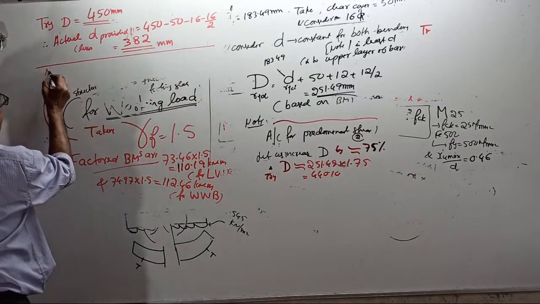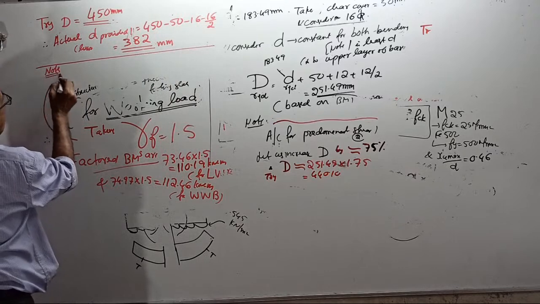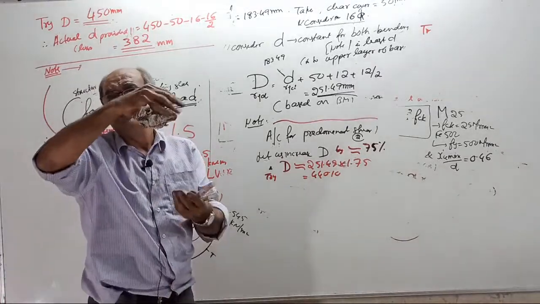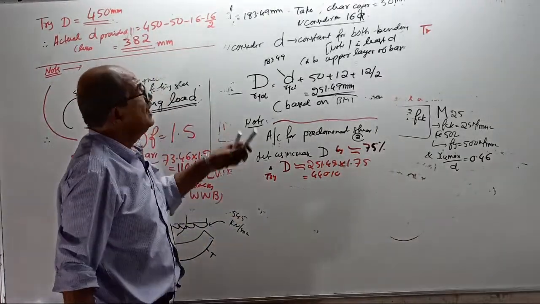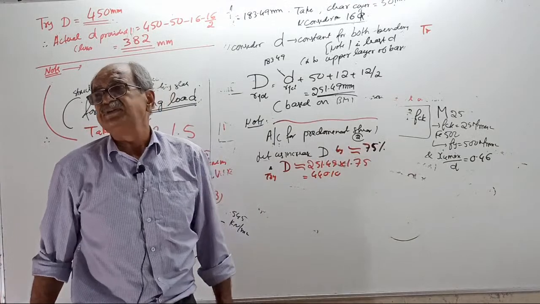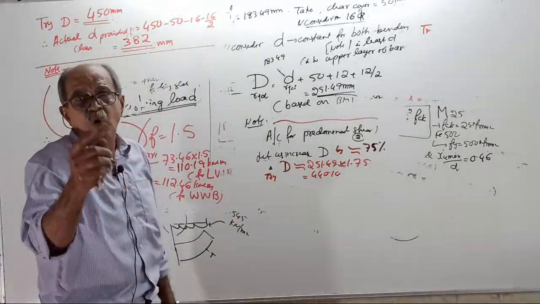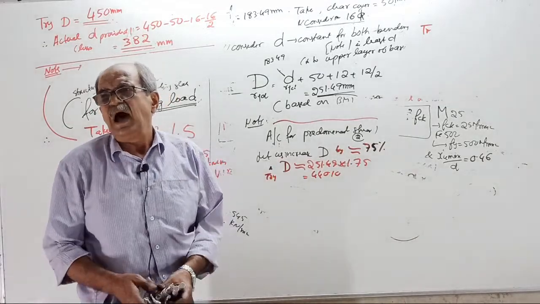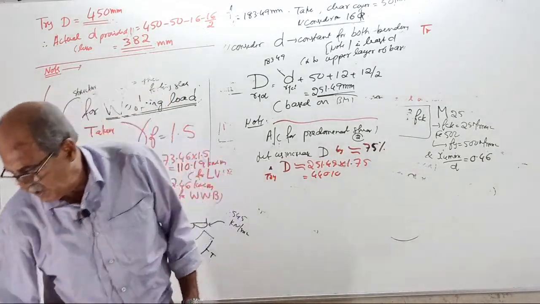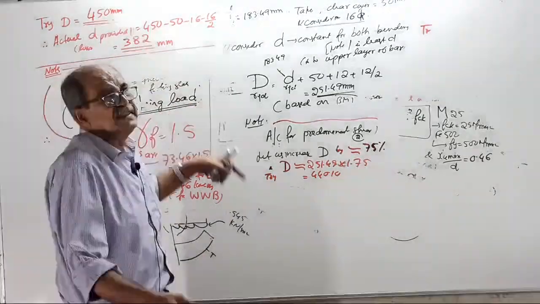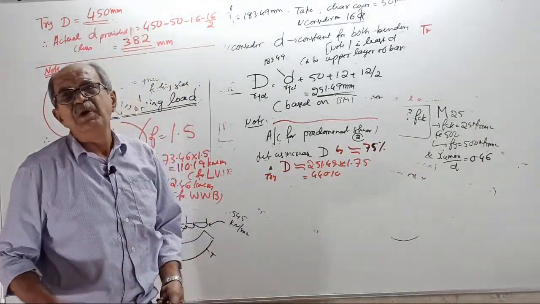Very important note. Now we decided the slab thickness. We finalized it as 450 millimeter, for which D is one direction. Actually, in the other direction D will be a little more, but we will not consider it.